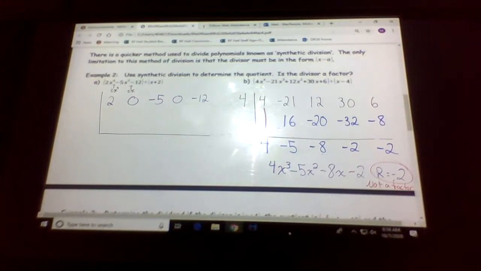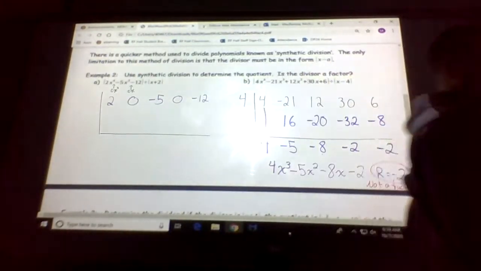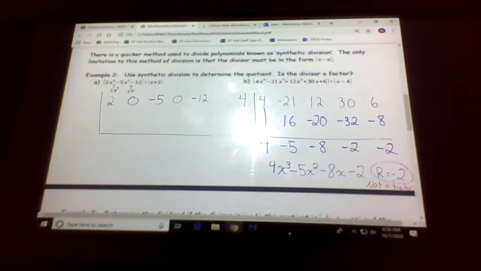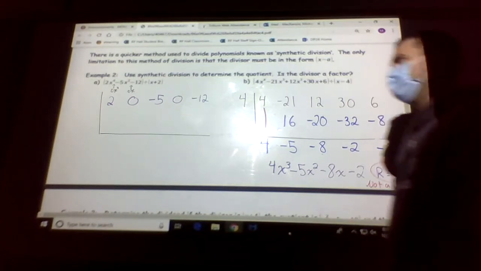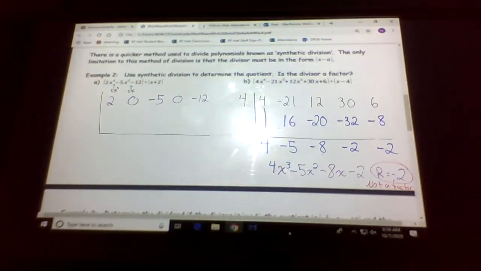With division, that is the mistake that happens the most. The students forget the zeros. Okay? Don't forget the zeros. Divided by x plus 2.